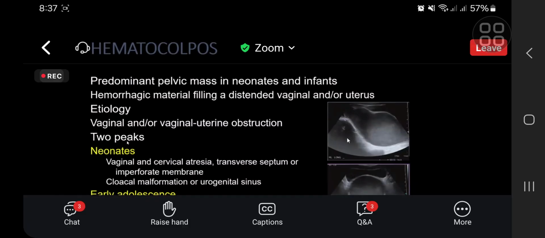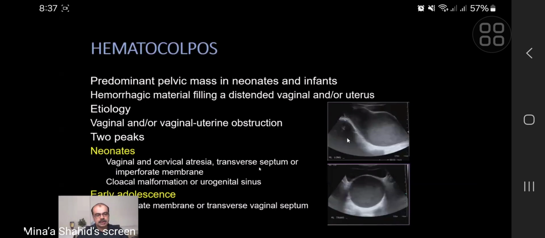One is in the neonatal age, when the baby is born, because of maternal hormone influences, there is collection inside the uterus. Then for a few years there is less incidence, and when the patient reaches the age of menarche, there is a second peak because of blood products collecting within the vagina or the uterus.